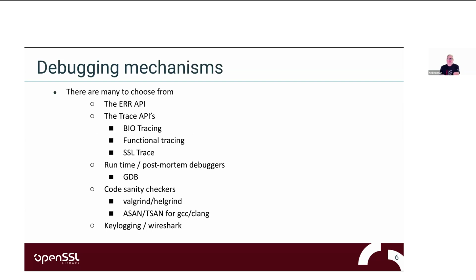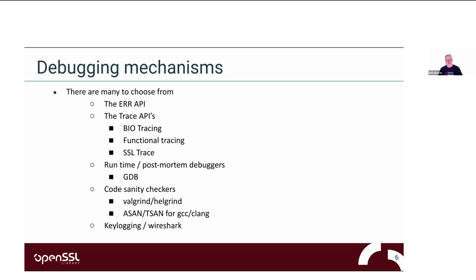So what sort of debugging mechanisms are we talking about? There's a lot to choose from, and this is by no means a complete list, but we have several available to us. Some of them are very tightly integrated and in fact implemented by OpenSSL. These include various APIs like the error reporting API or the trace APIs that we have available.